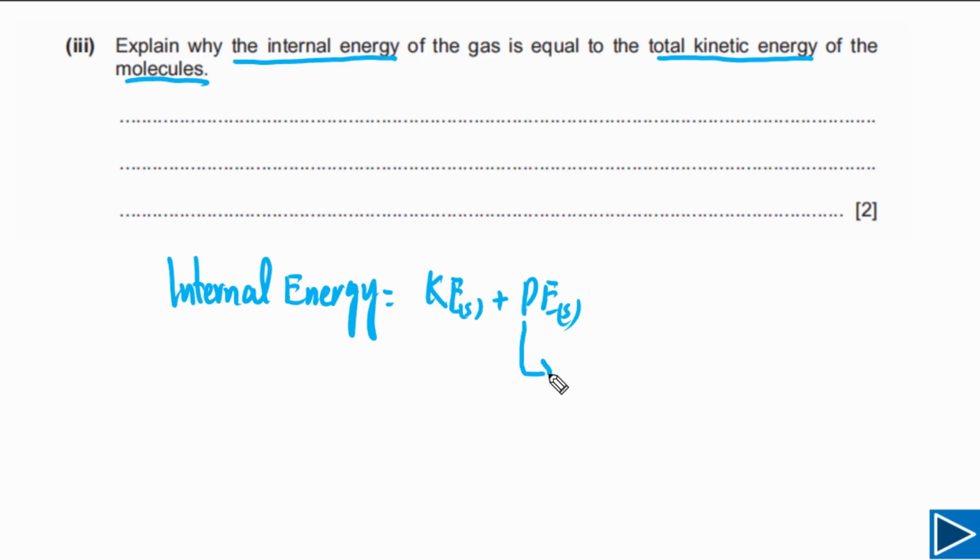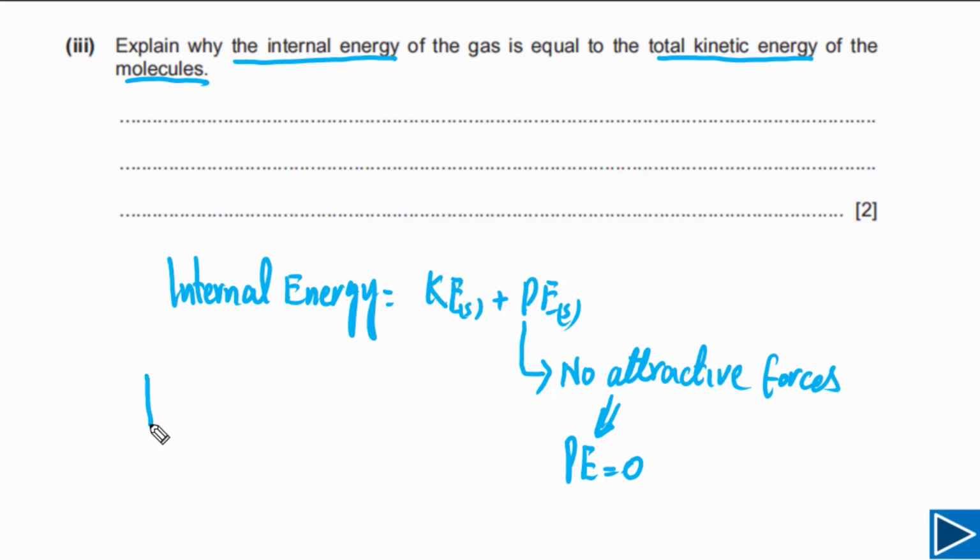In case of ideal gases, there are no attractive forces between molecules. As there are no attractive forces between molecules, it simply means that there is no potential energy of molecules. So the molecules do not have potential energy.